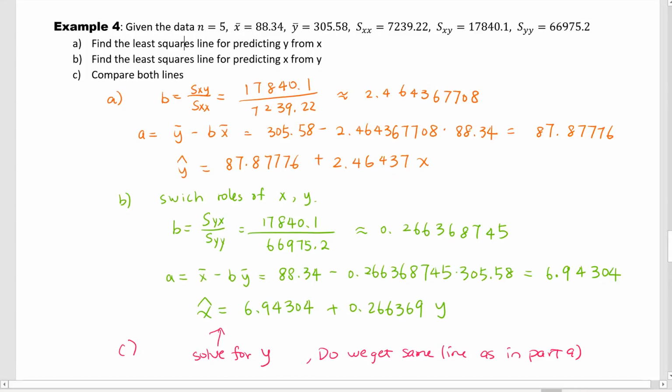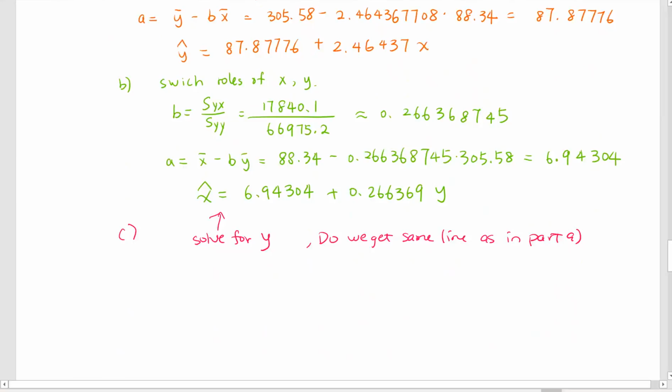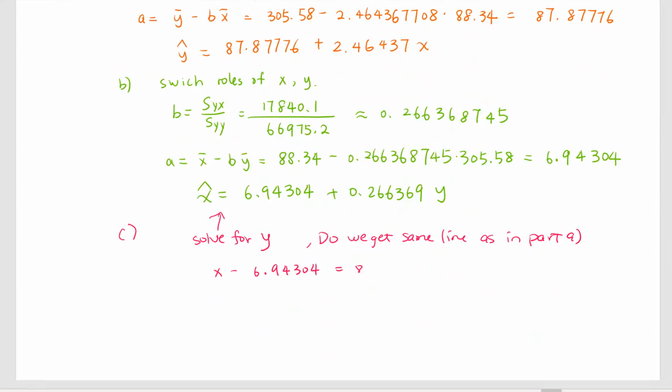Let's do that. So when we solve for y, how do we solve for y? First, subtract 6.94304, right? And then divide both sides by 0.266369, right?